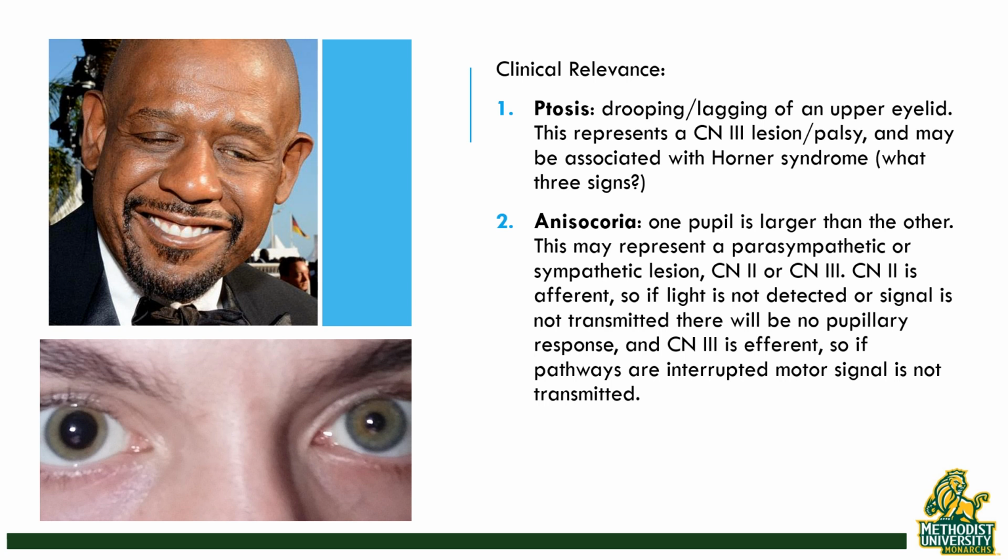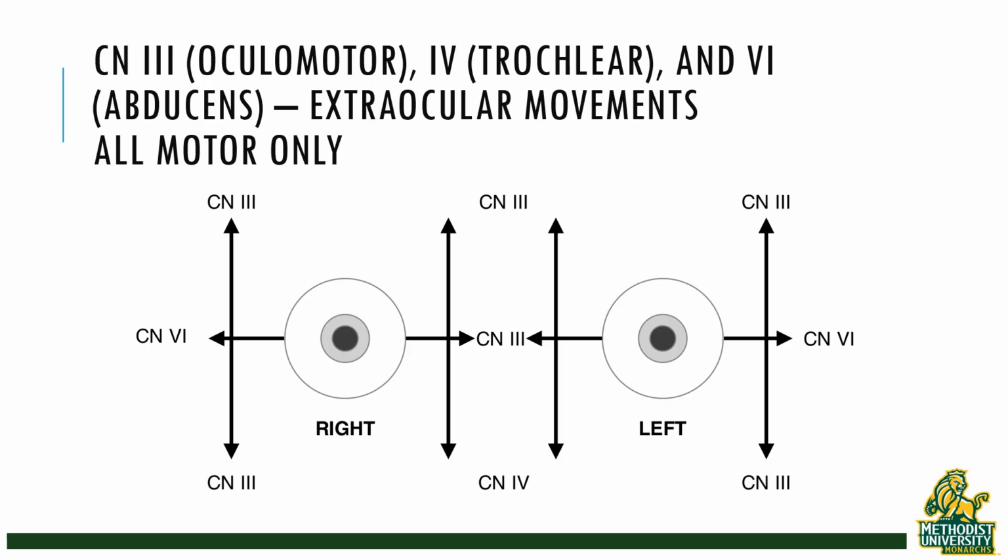We check cranial nerves 3, 4, and 6 with our H motion, looking at the movements of the muscles that move the eye. And again, they all have only motor function.